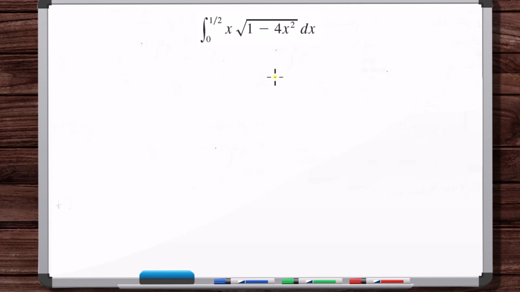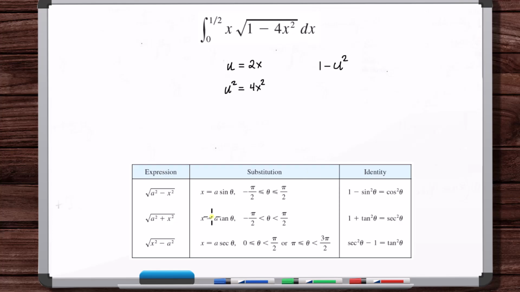And so here, if we say that u is equal to 2x, right? So then u squared is equal to 4x squared. So this we can write as 1 minus u squared. Okay? Makes sense so far, right? Now, if we say that u is like the x, then this is this form here, a squared minus x squared.